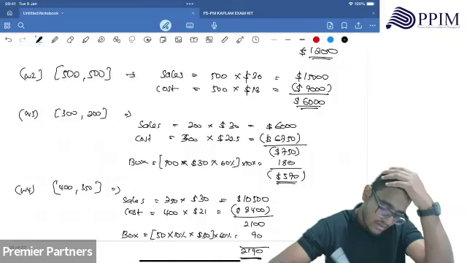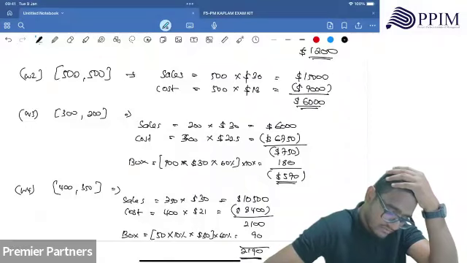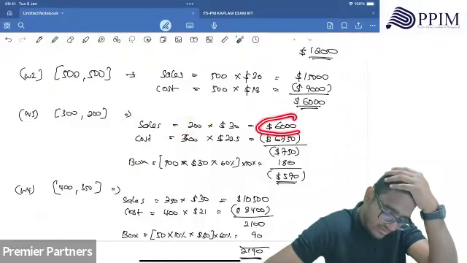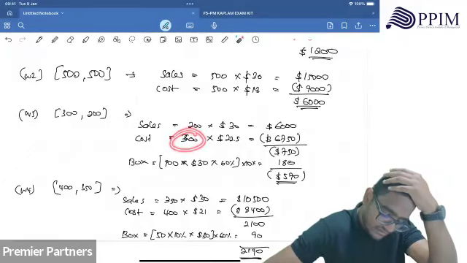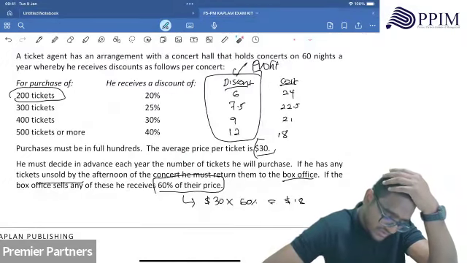Sir, could you explain the 300 and the 200 one? The one before this? Yeah. Basically we sell 200 tickets. You get $6,000. Then you have actually purchased 300 tickets. Like I told you before, when you purchase 300 tickets, you purchase it at a cost of 22.5. So your loss is 750.